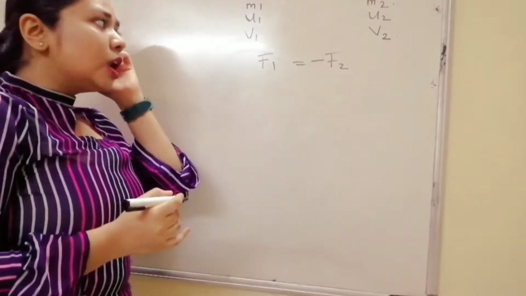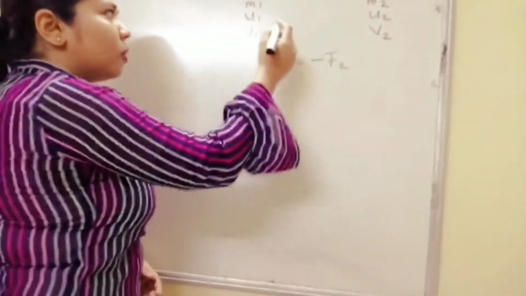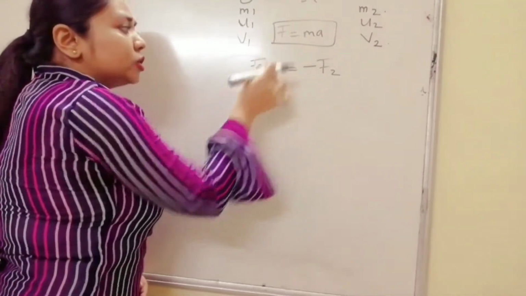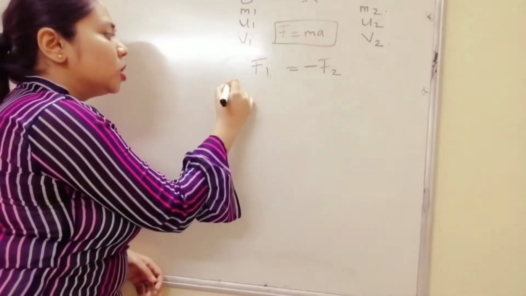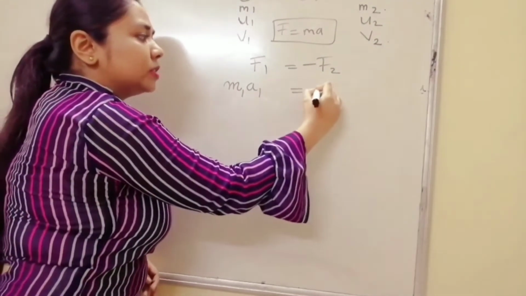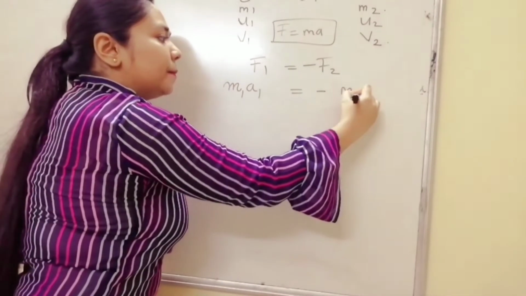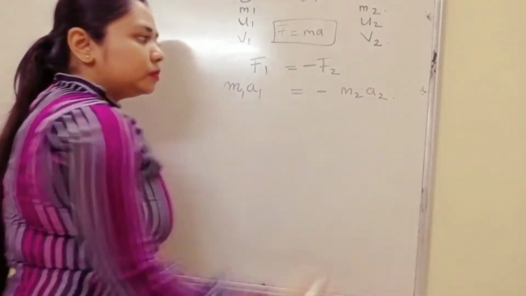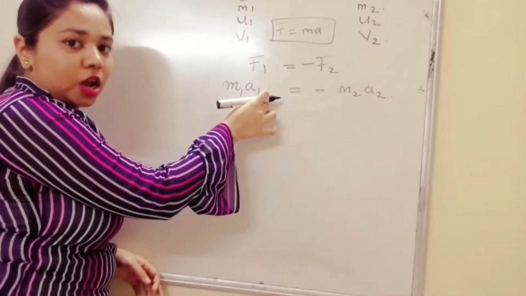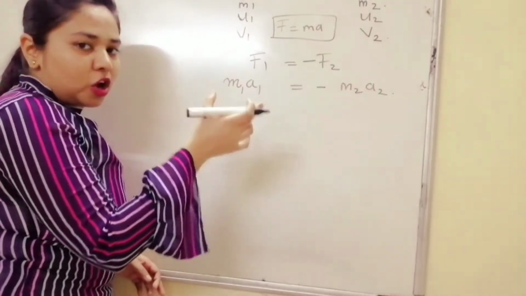Now we know the formula of force, F equals ma, which we studied. Just substitute: F1 will be m1 a1, and F2 will be minus m2 a2. Now we know the formula of acceleration, change in velocity upon time.